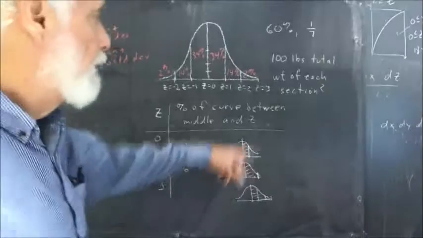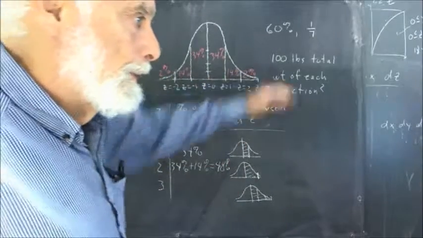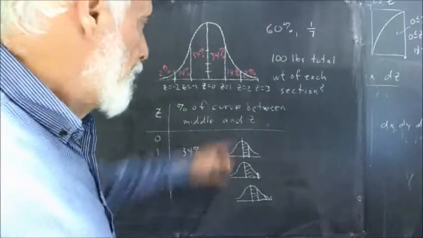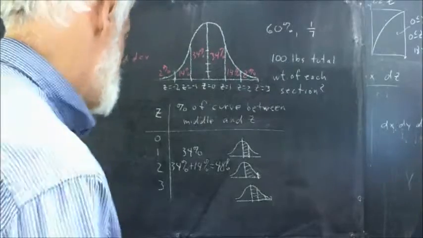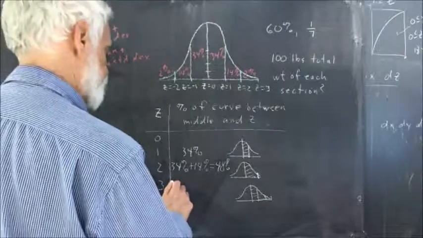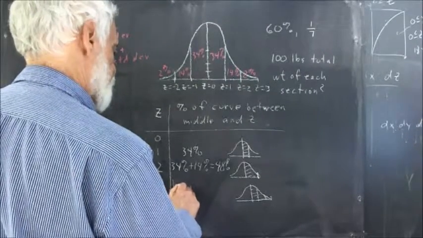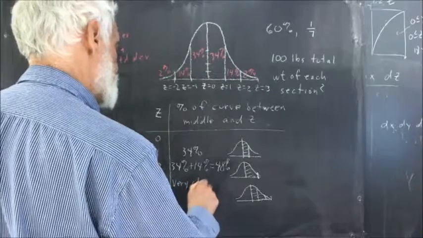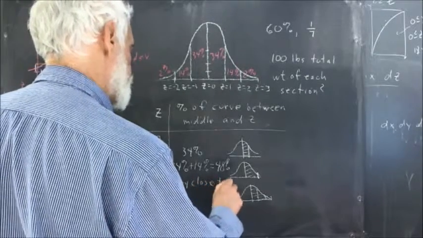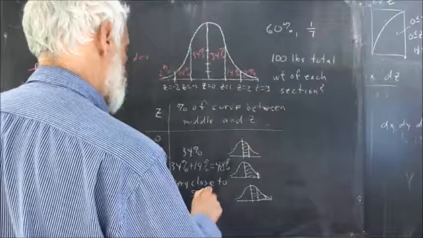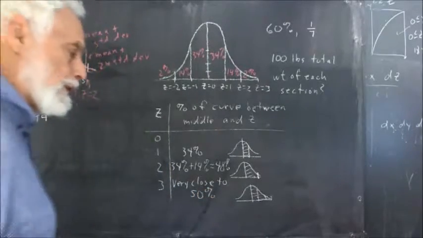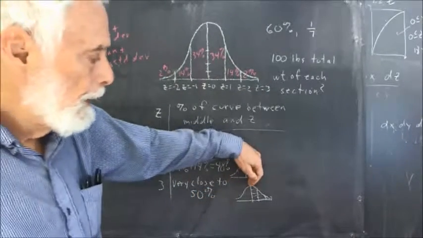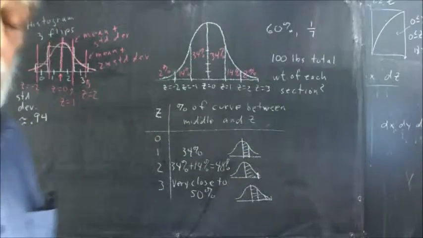Now the curve never actually reaches the horizontal axis, but it gets very, very close. So we could say here we have very close to 50% of the curve, because we have very close to everything on this half of the curve.